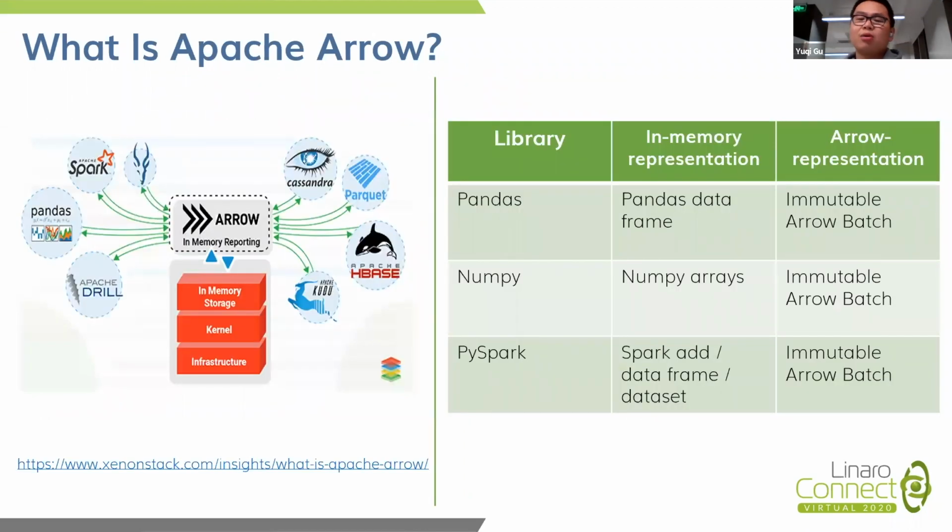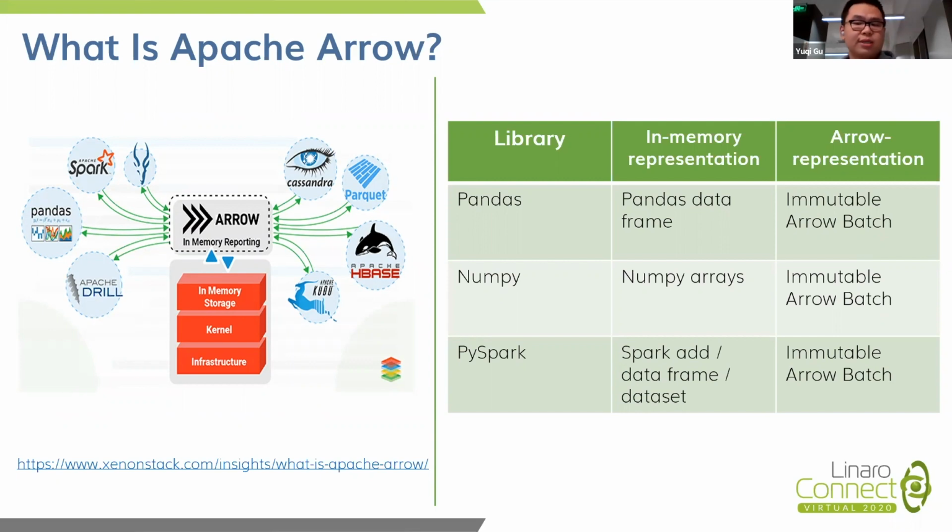Arrow also simplifies system architectures. It improves performance and also reduces the ecosystem's fragmentation.